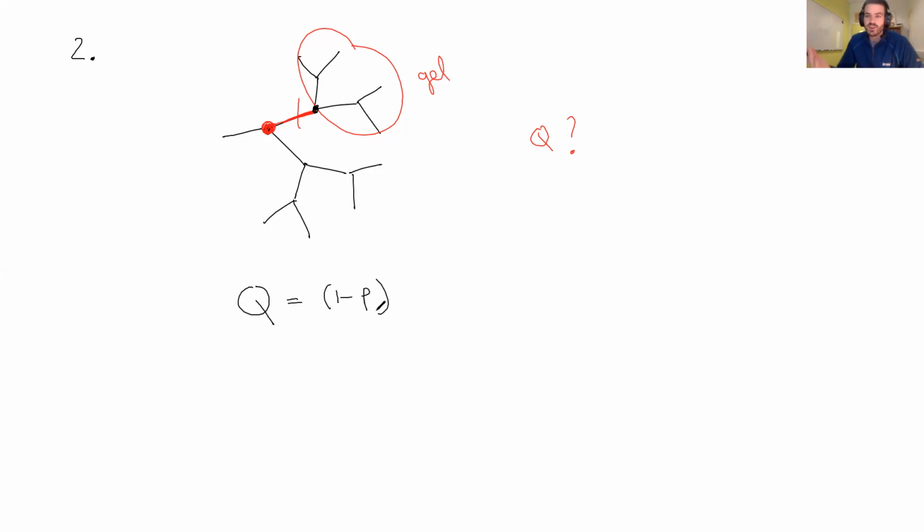It cannot be connected to the gel because it's not even connected through that bond. Okay, first possibility. Or there is actually a bond here, so it's more dangerous because then you could be connected to the gel. But as you say, now we can ask that none of those are connected to the gel. Therefore, you end up with independent probabilities that are multiplied, so Q to the Z minus 1.